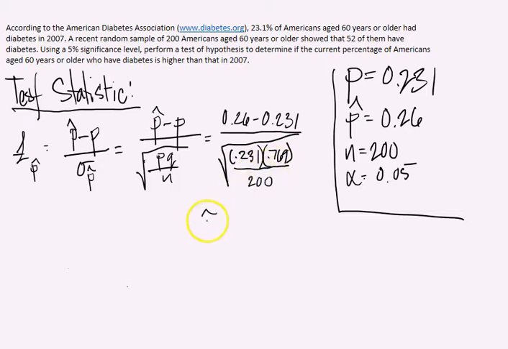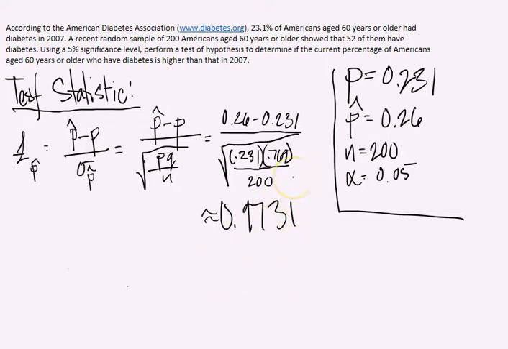Let me calculate that real quick. The value I got for my z-score is 0.97306, so we round that to 0.97.